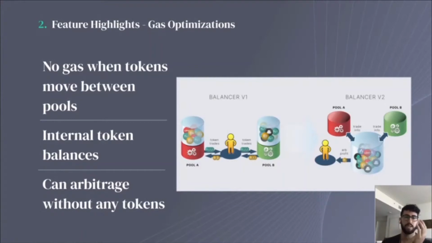In pool 1, you trade token A for token B, and then in pool 2, you trade token B for token C, and then in pool 3, you trade token C back for token A, and in the end, you make a profit in token A. So you just receive that token, instead of needing to actually make all these on-chain transactions, which would be unnecessary, because you're just basically reshuffling the token balances within the Balancer vault. So I think that's pretty awesome, and people are excited about that as well.